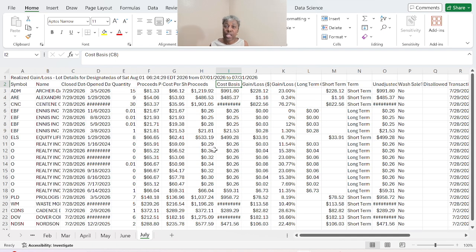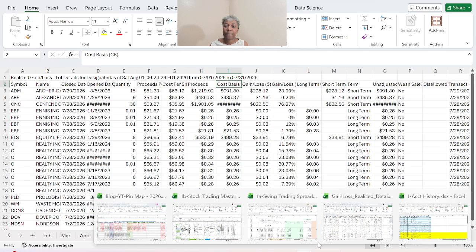At the end of the year, for stocks that you sold, they will give you the 1099 that will pretty much have your realized gains and losses. That will have how much it cost you to purchase the stocks that you sold that year.